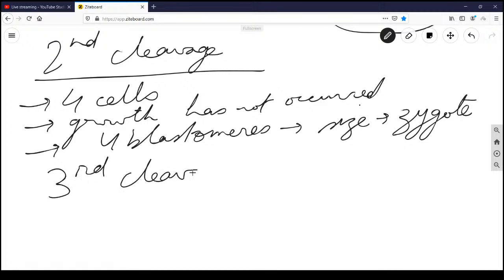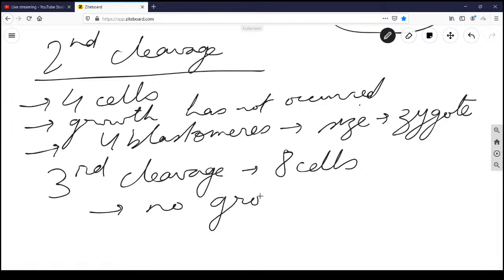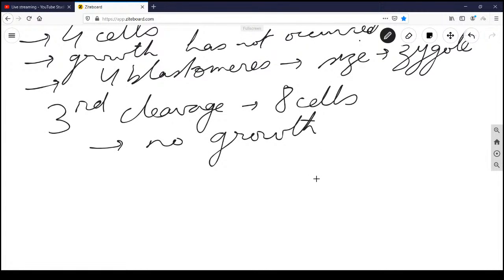Third cleavage, 8 cells, still no growth. That's the dilemma of the situation. Again, you will see the zygote is of the same length or same diameter as the 8 cell stage.